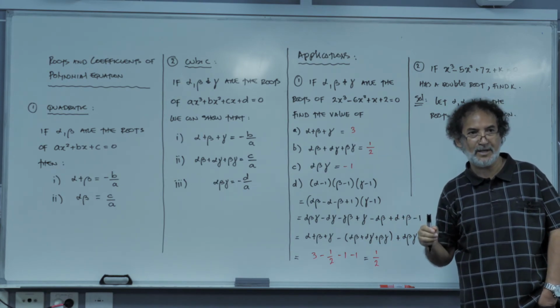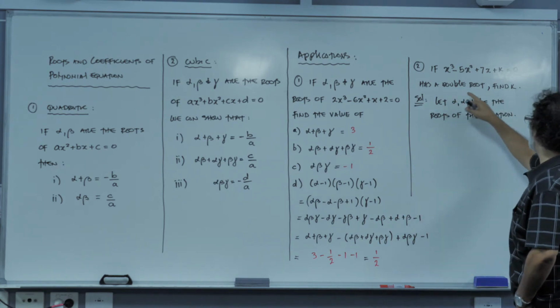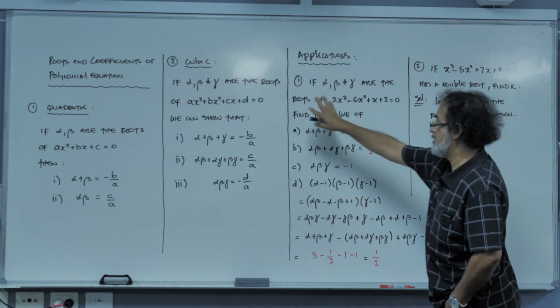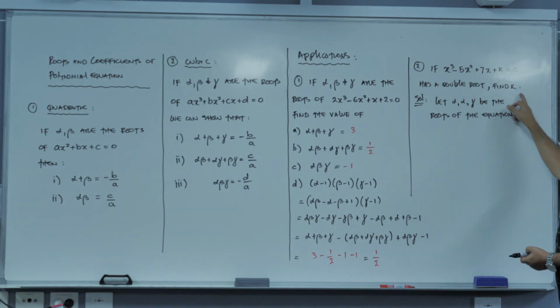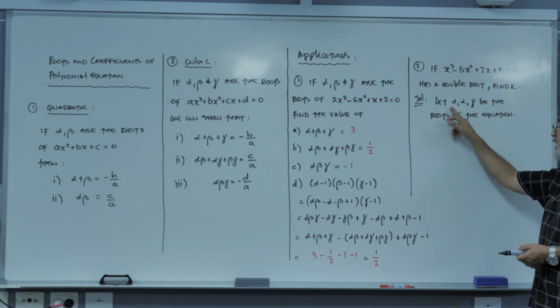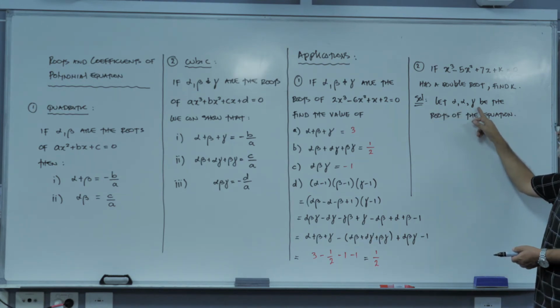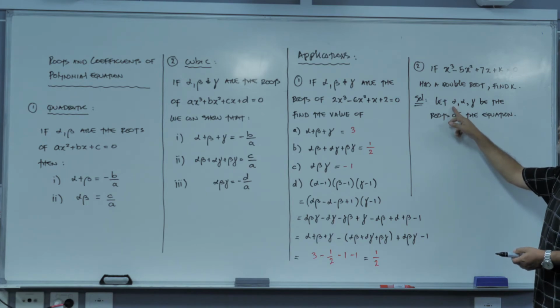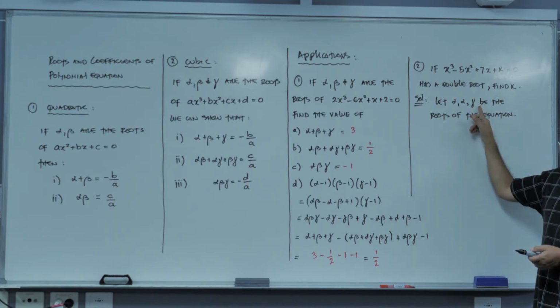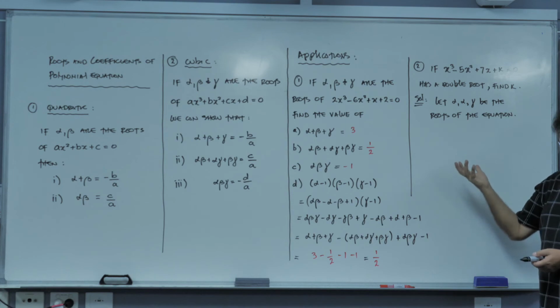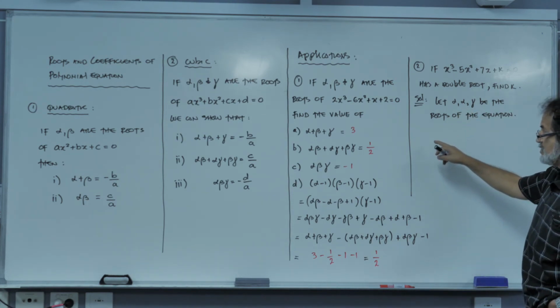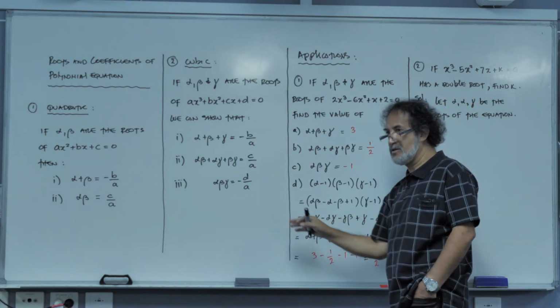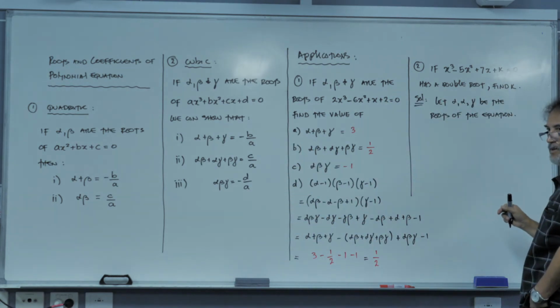Using this, we're going to try to find the answer for the constant. That's why I say let alpha and gamma be the roots. I should say alpha, beta, gamma, but we know that two of them are the same, so I say alpha and alpha, right? And then we're going to use this to find the answer for k.